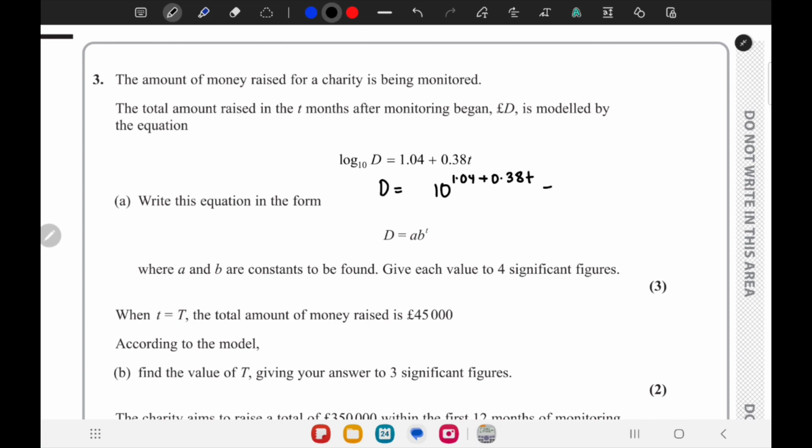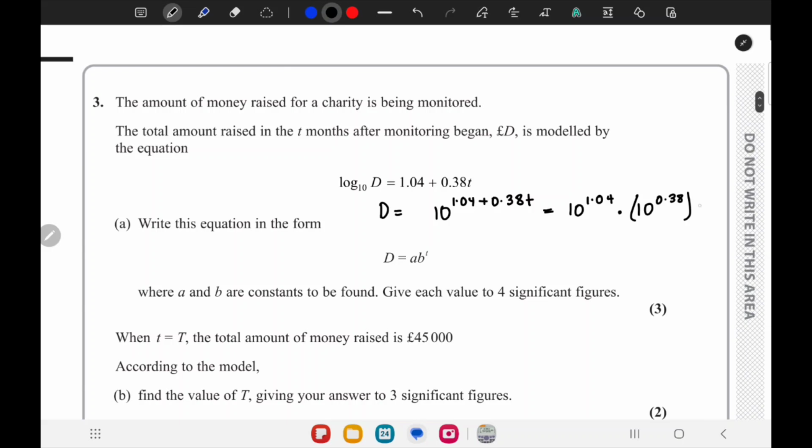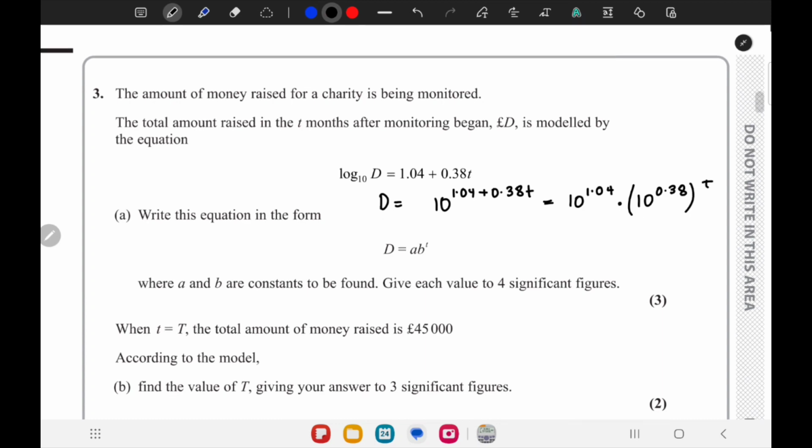So we can write this down as 10 to the power 1.04 multiplied by 10 to the power 0.38, all of it raised to the power t, or this was what we got. So we can take t out and make it the power of the whole stuff.